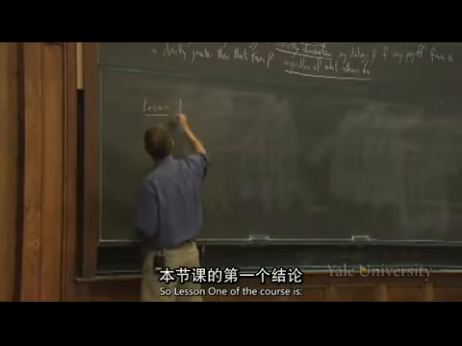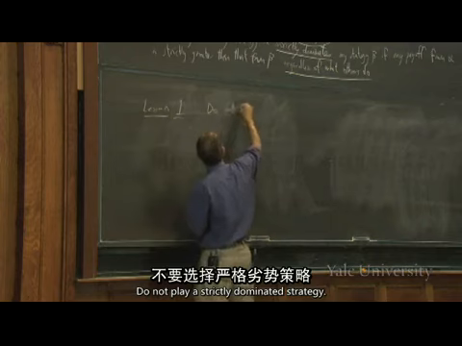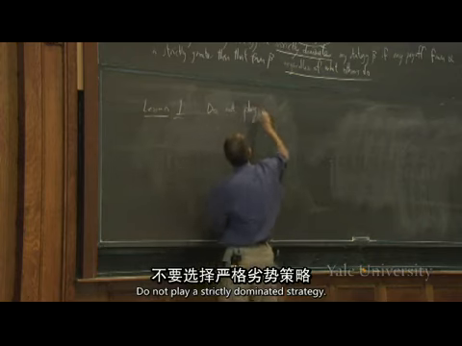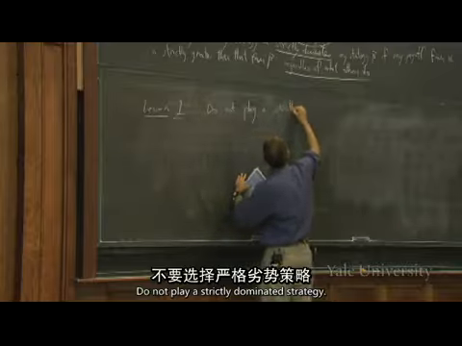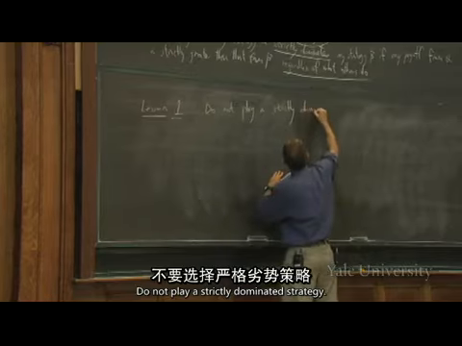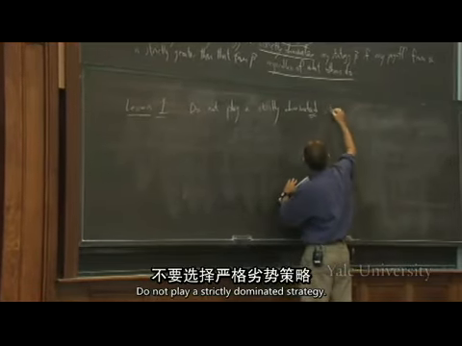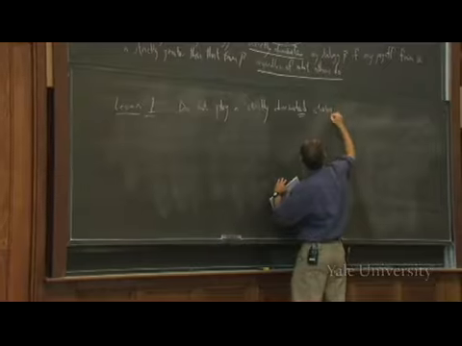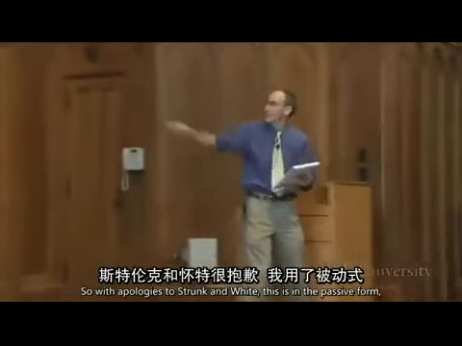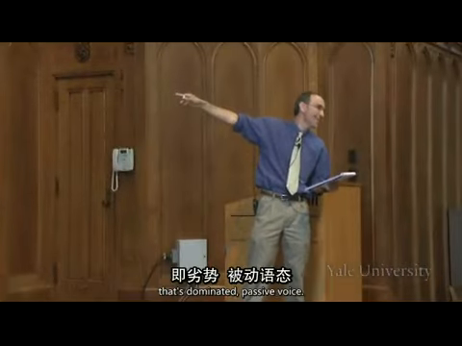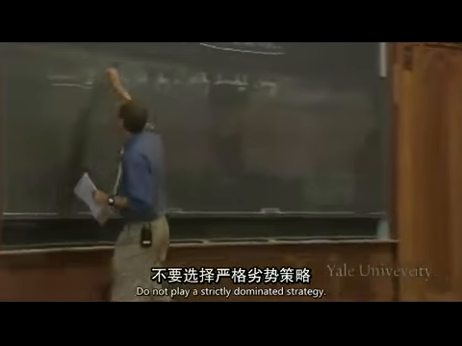So lesson 1 of the course is, do not play a strictly dominated strategy. With apologies to Strunk and White, this is in the passive form. Okay, this is dominated, passive voice. Do not play a strictly dominated strategy.